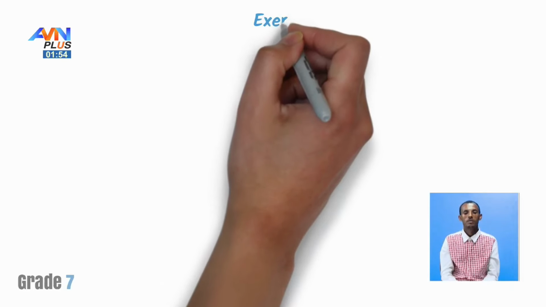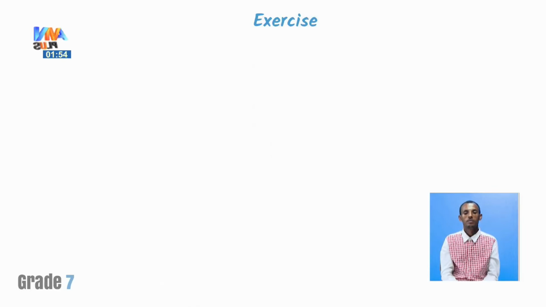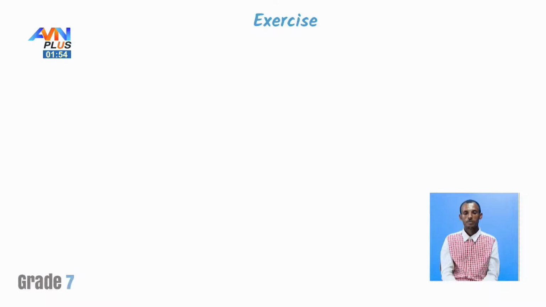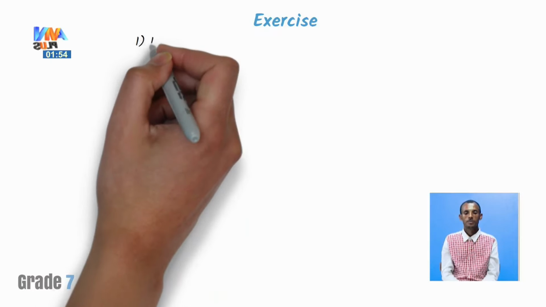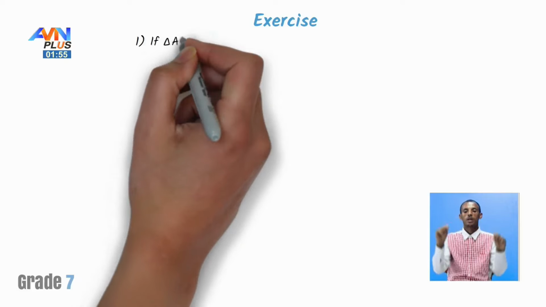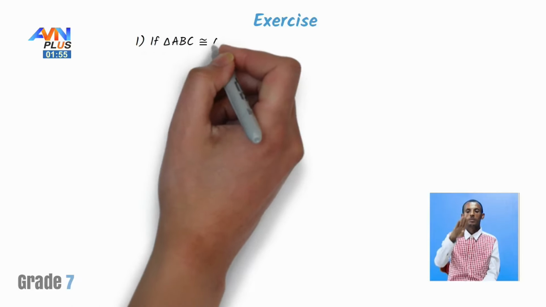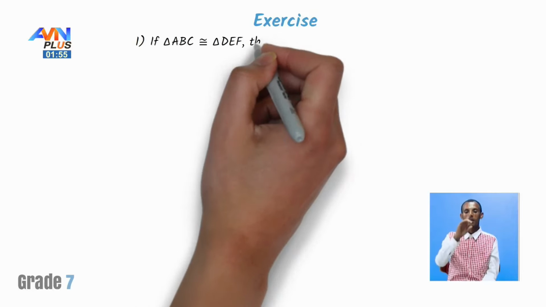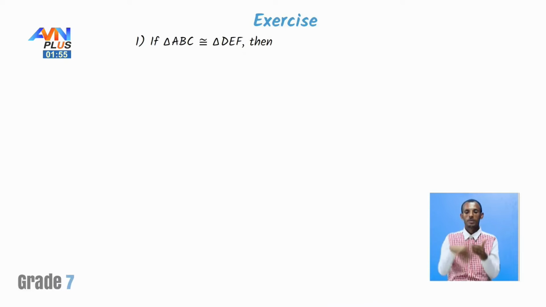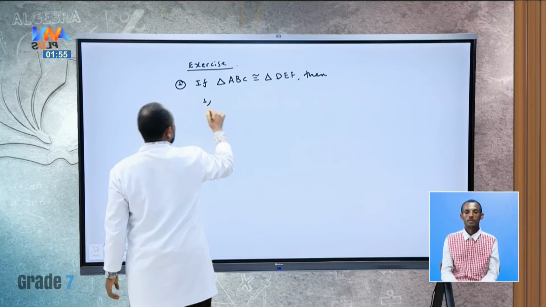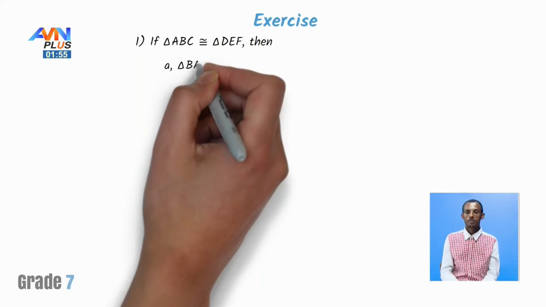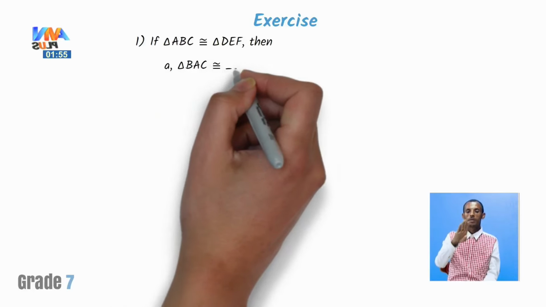Exercise. One. If triangle ABC is congruent to triangle DEF, then A, triangle BAC will be congruent to blank.